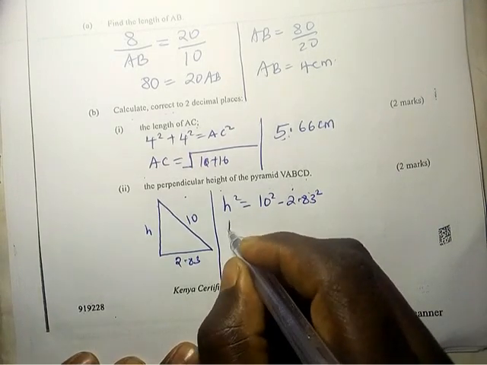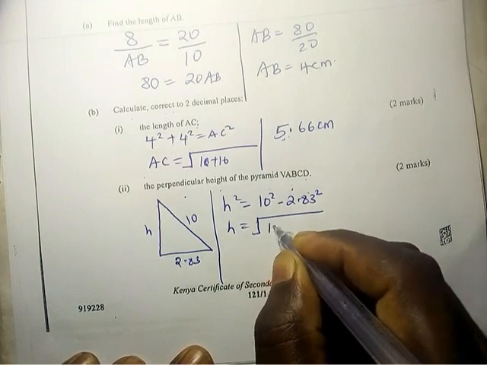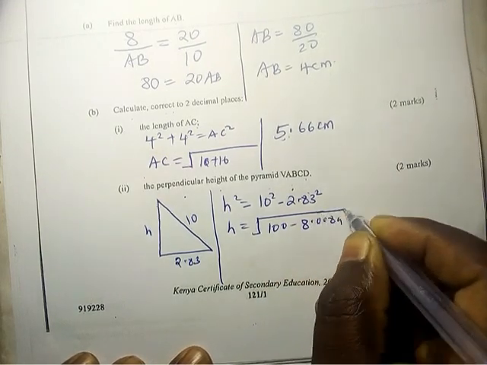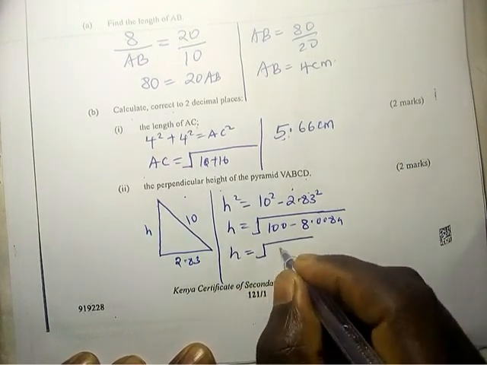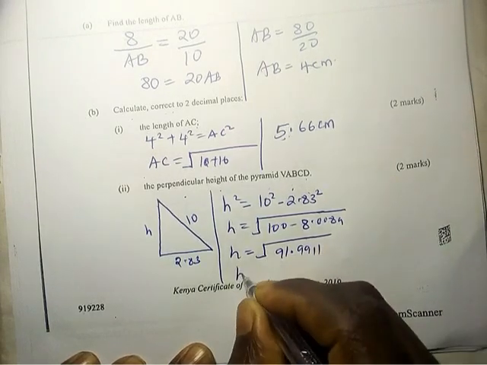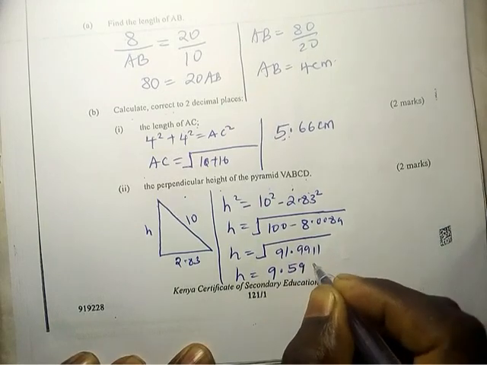So h equals the square root of 100 minus 8.0089, so h equals the square root of 91.991. h equals 9.59 centimeters.